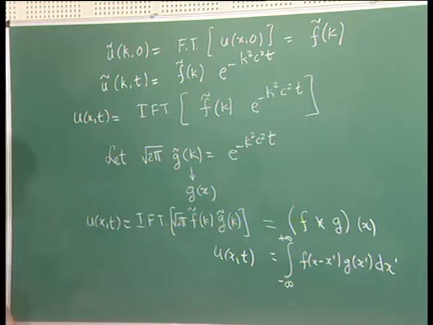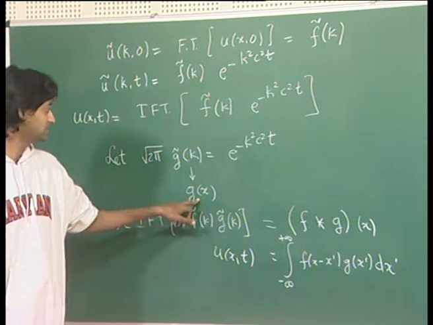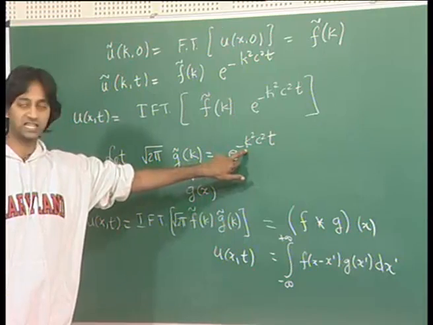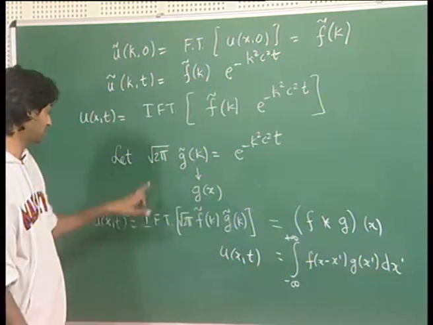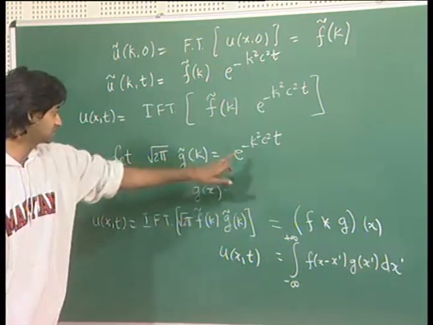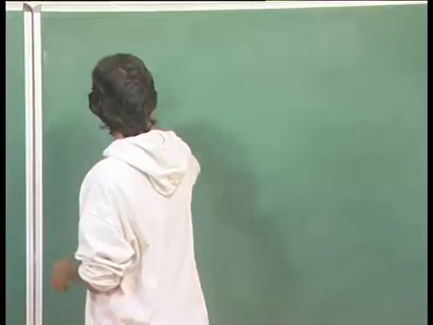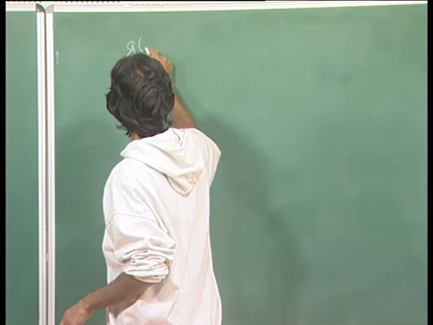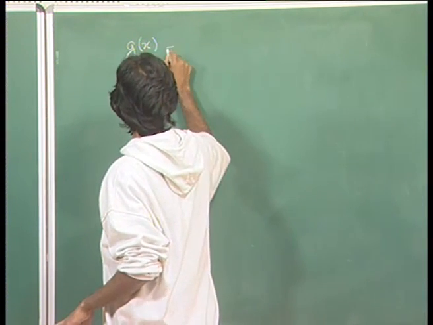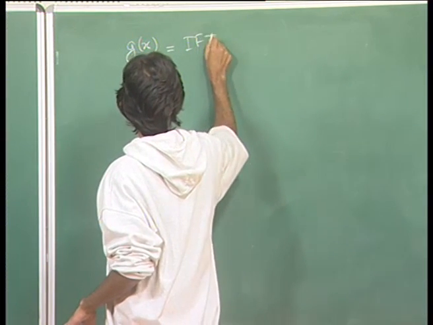So, the last step is to determine g of x. g of x is the inverse Fourier transform of this function divided by square root of 2 pi.